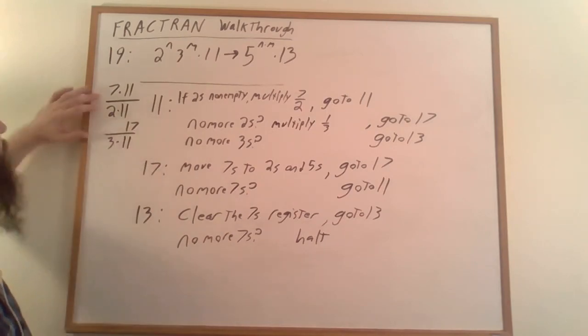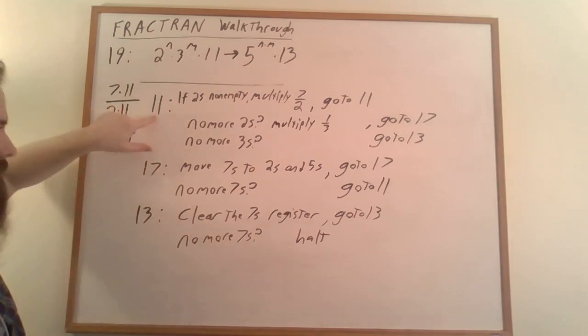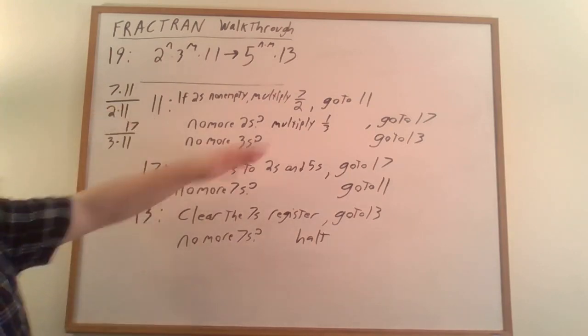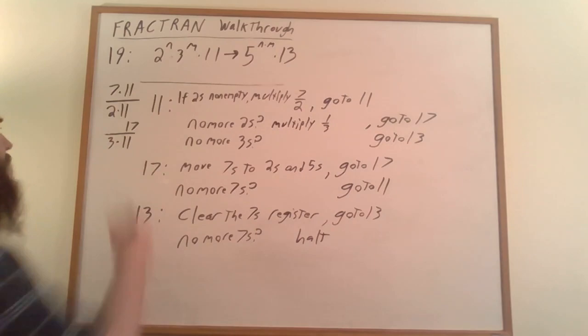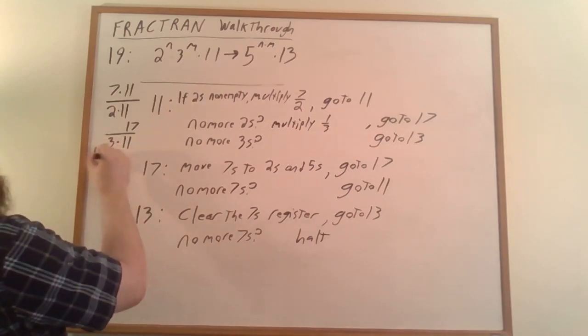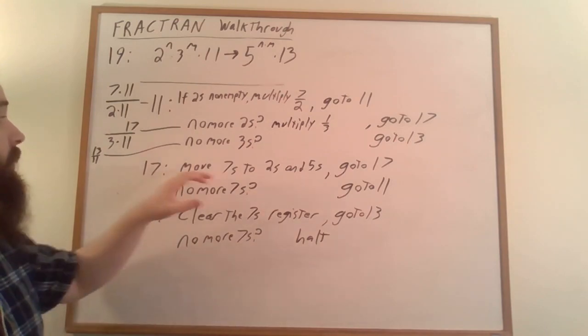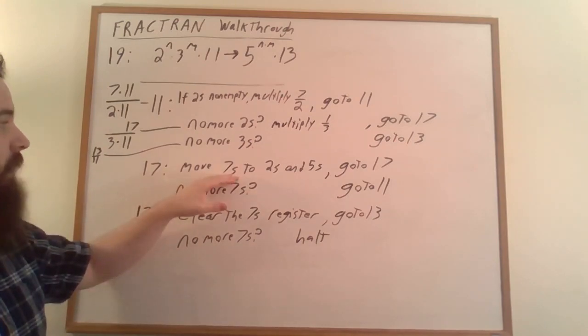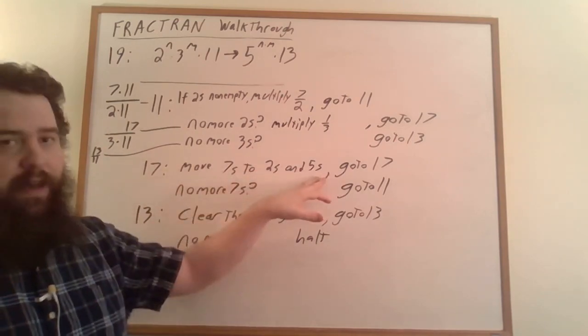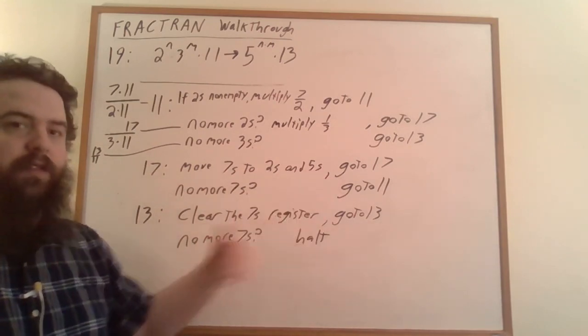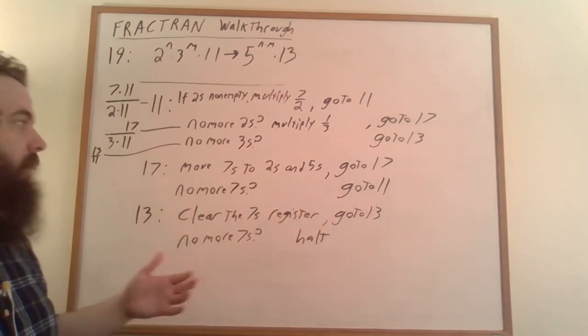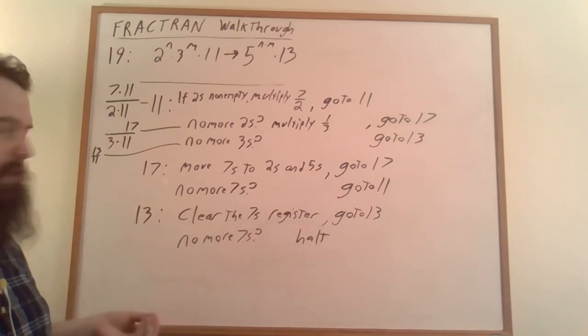Next, if we can't multiply by either of these fractions, because there isn't a 2 and there isn't a 3, but there is an 11, there's no more 3's, we want to go to state 13, so that requires multiplying by 13/11. Next, if we're in state 17, we want to move the value from the 7's register to the 2's register and the 5's register. The way to do that is to incrementally multiply by 10/7.